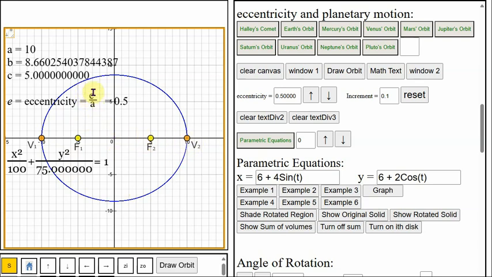And so this ratio, C over A, is going to be between 0 and 1. I'm going to make it approach 1 and see what happens to the shape of the ellipse.